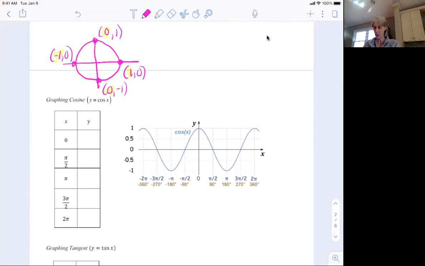Cosine corresponds to the x. So at 0, the cosine is 1. At pi over 2, it's 0. At pi, it's -1. At 3 pi over 2, it's 0. And at 2 pi, it's back up at 1. So we have our points 1, 0, -1, 0, 1. And our curve, again, repeats.